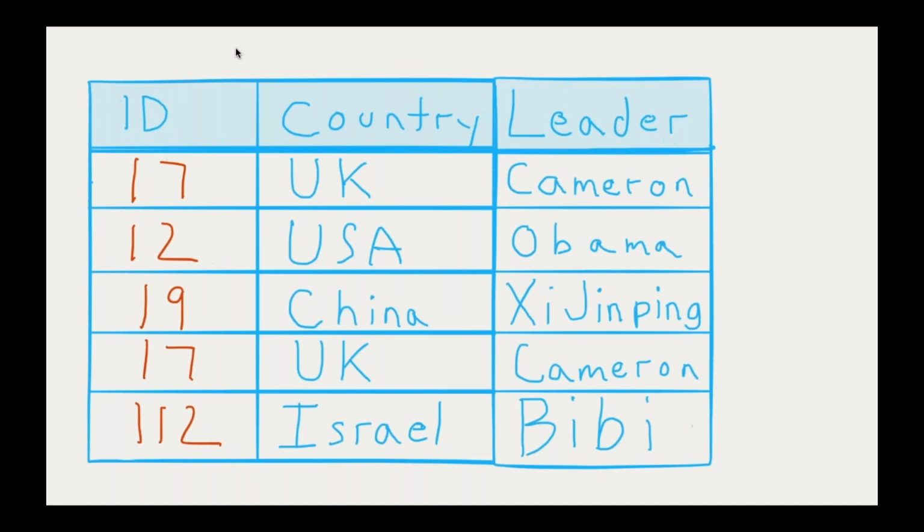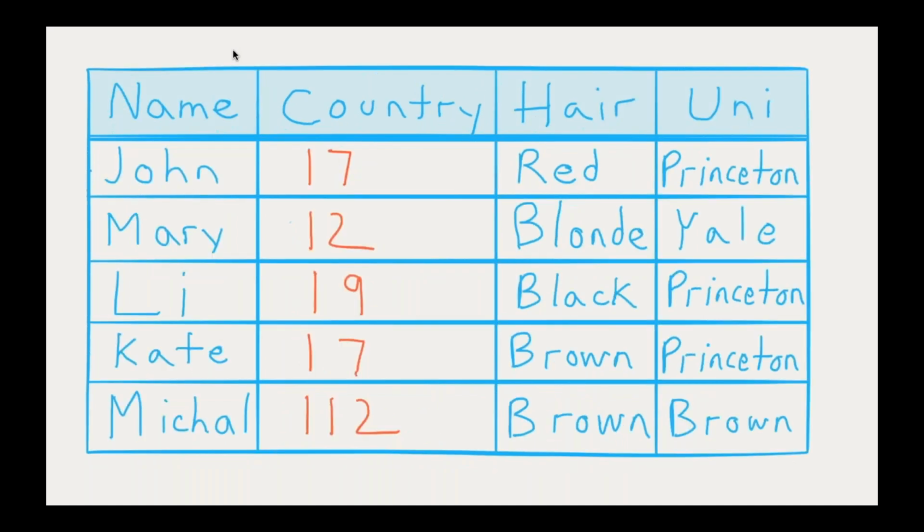And we can also associate other data with those countries, like the leaders of those countries. As you can see, at least for the US and the UK, this is a little bit old. Not sure on China or Israel, but we can identify each of the leaders here.